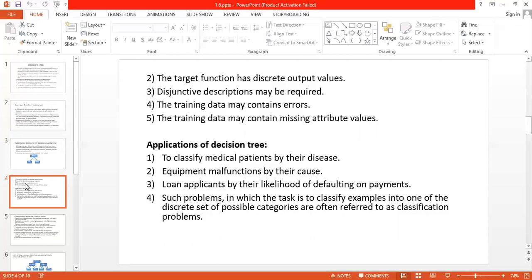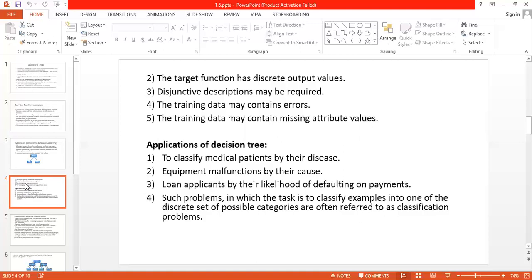First is whether the person is employed, and second is whether the person has a good credit score. So the instance is the person, and the features or categories or constraints are whether the person is employed and whether the person has a good credit score. What we want is a discrete set of possible categories.